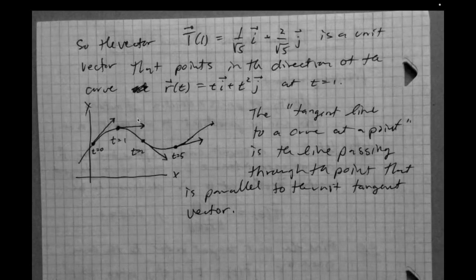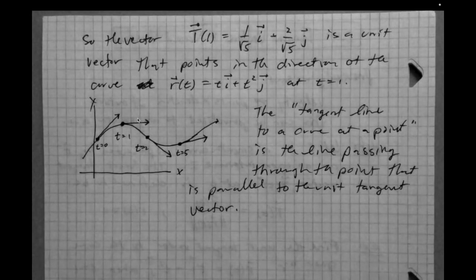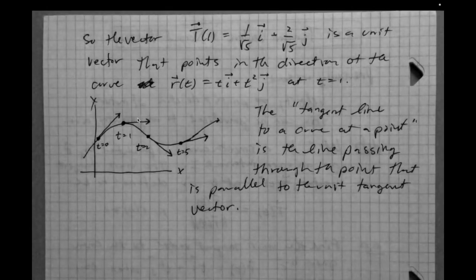So there's a subtle difference there. The unit tangent vector is a vector that points in the direction of the curve for whatever specified value of t. The tangent line to a curve at a particular point t is going to be the line that passes through that point that is parallel to the unit tangent vector. So some of this terminology just has to be made plain. There's a difference between a unit tangent vector and the tangent line to a curve at a point.